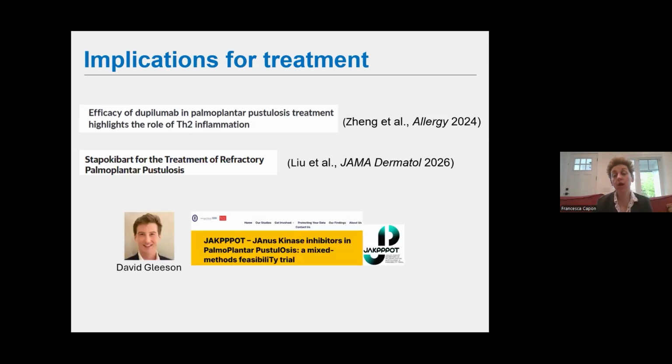And this is where JAK inhibitors are quite an attractive option. And so, for example, our collaborator, David Gleason at St. John's Institute of Dermatology, has just completed a feasibility trial of a JAK inhibitor for the treatment of PPP.